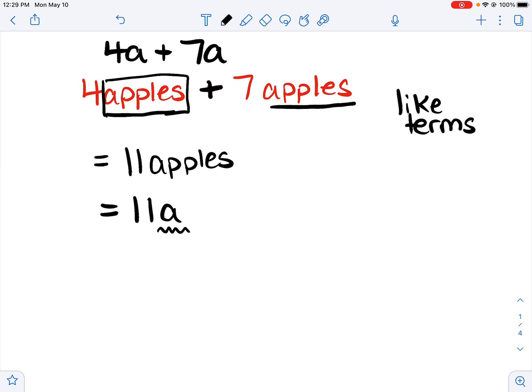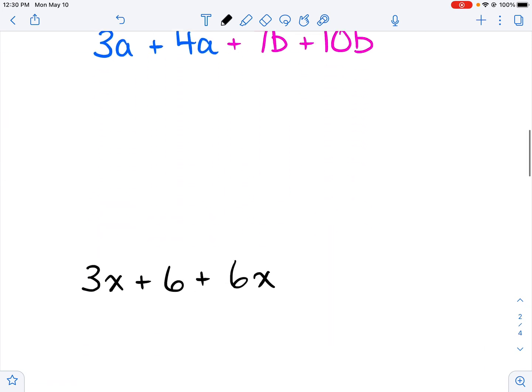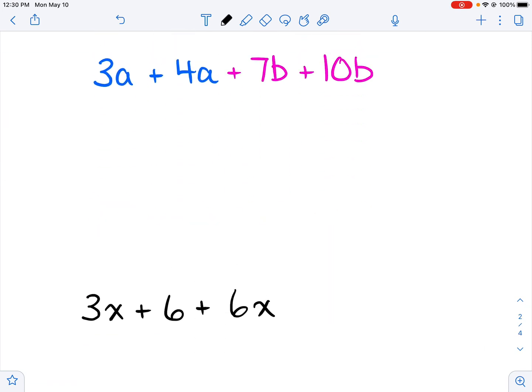So we use letters, but we actually call them variables to represent something.